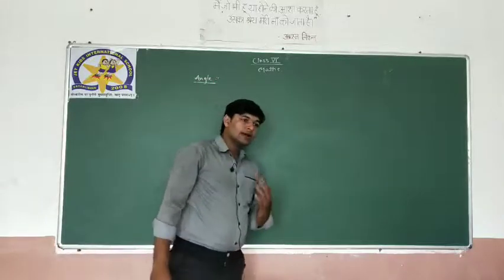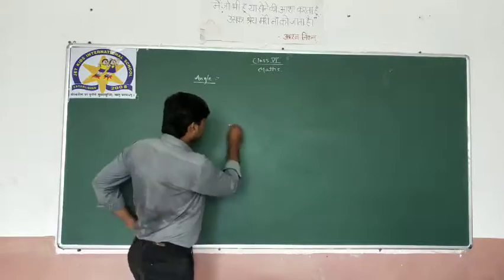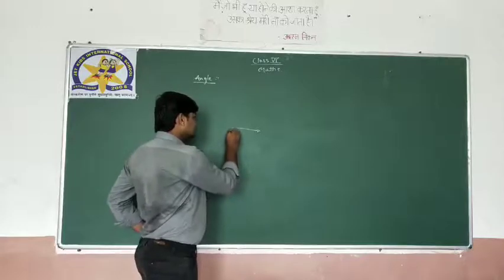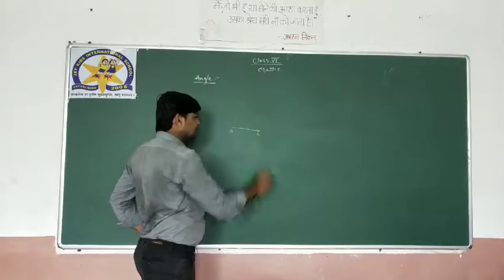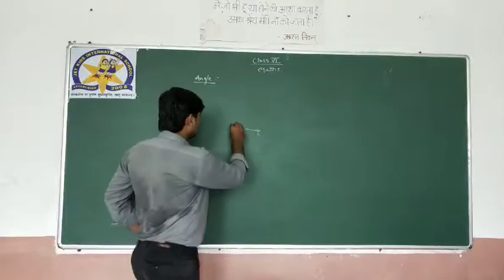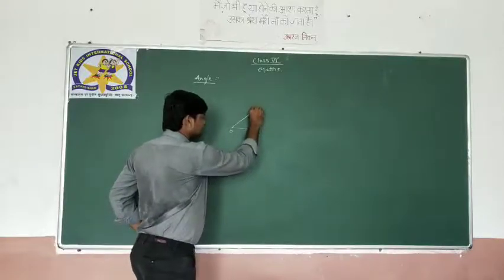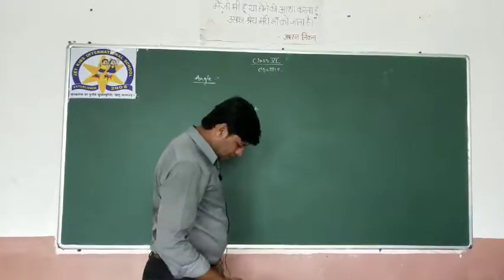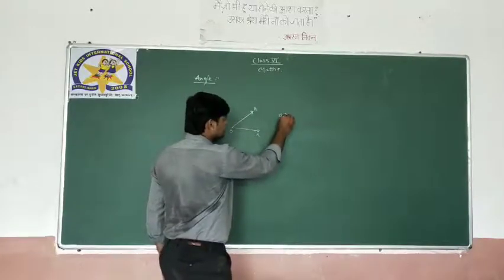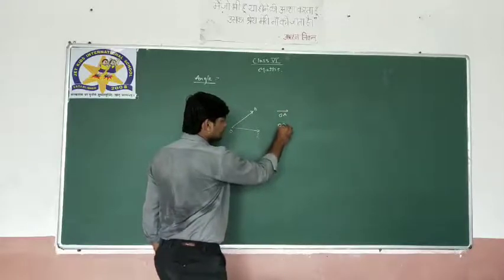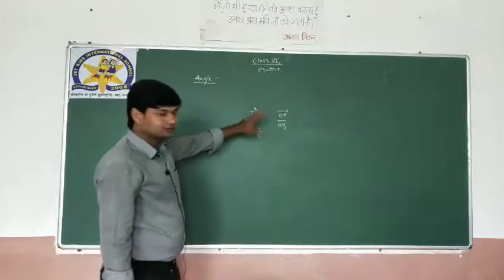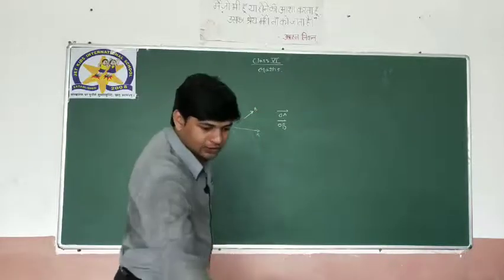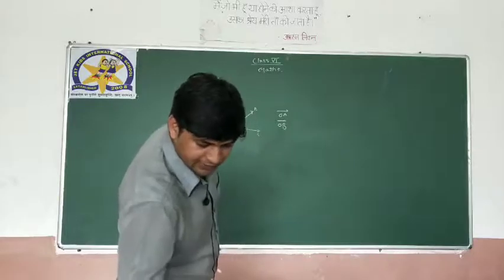Angle means if two rays are there, say OA and OB. You know very well how to write OA and OB. Here is OA, a symbolic representation, and it is OB. I will try to enlarge it.